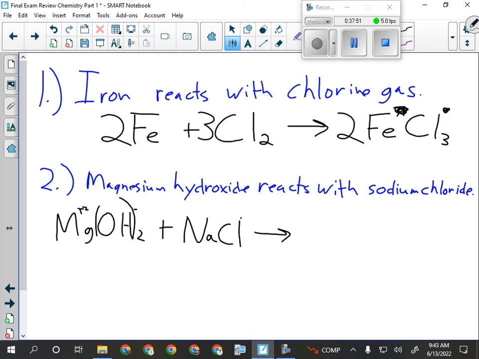Now, on this side, I have to make the metals switch partners. So that means that then magnesium will end up with chlorine and sodium will end up with hydroxide. Okay, what have I just made?